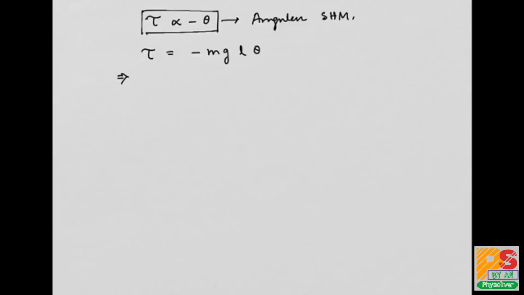Now tau is nothing but I alpha. I, remember this I, be very careful, I is the moment of inertia of the body about the axis of rotation.